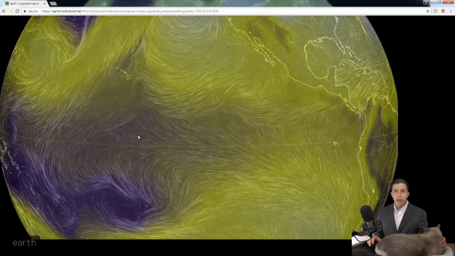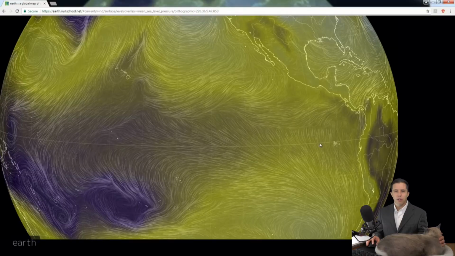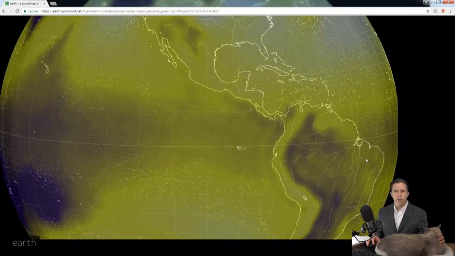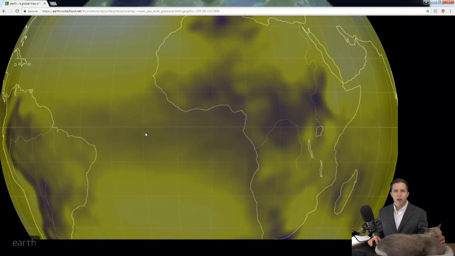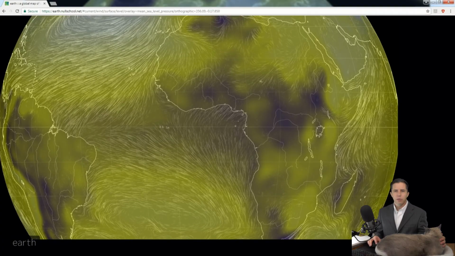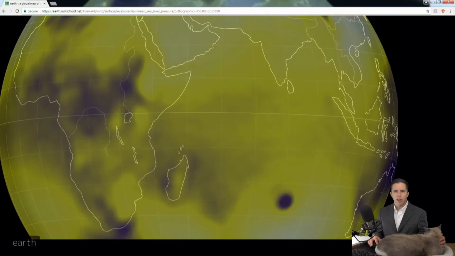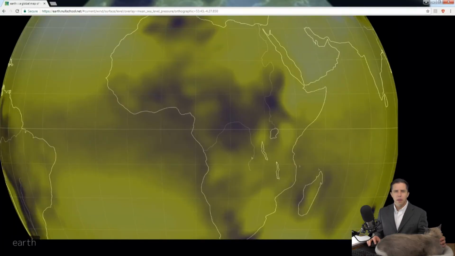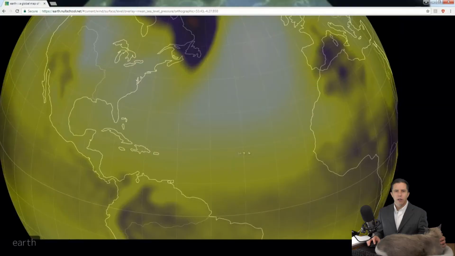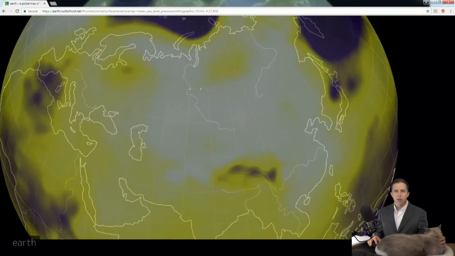And that means air is rising, and that creates a low pressure at the surface. So this is a thermal low, right through there. We see it again over here, it goes through Central Africa. It's pretty close to the equator. Right there is the equator, right? So it's around there. And then over here, it does something different. So that is a thermal low. This was a cold core high.